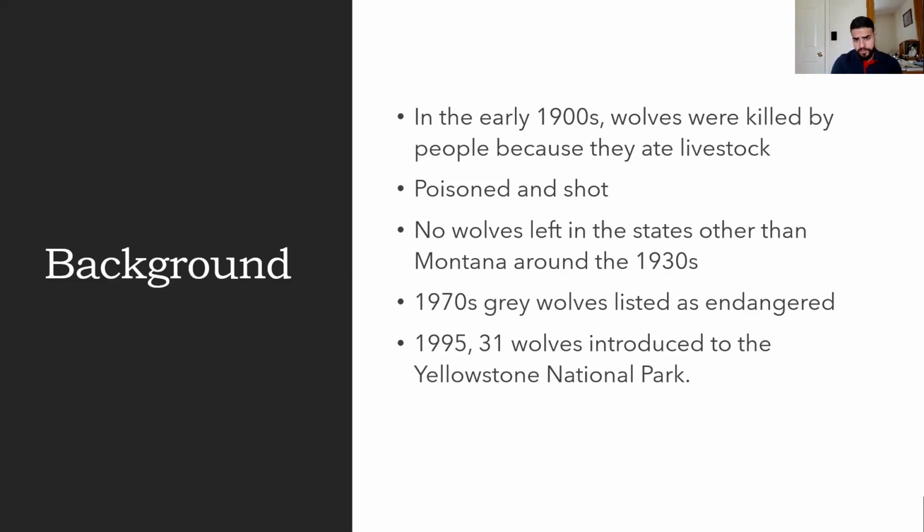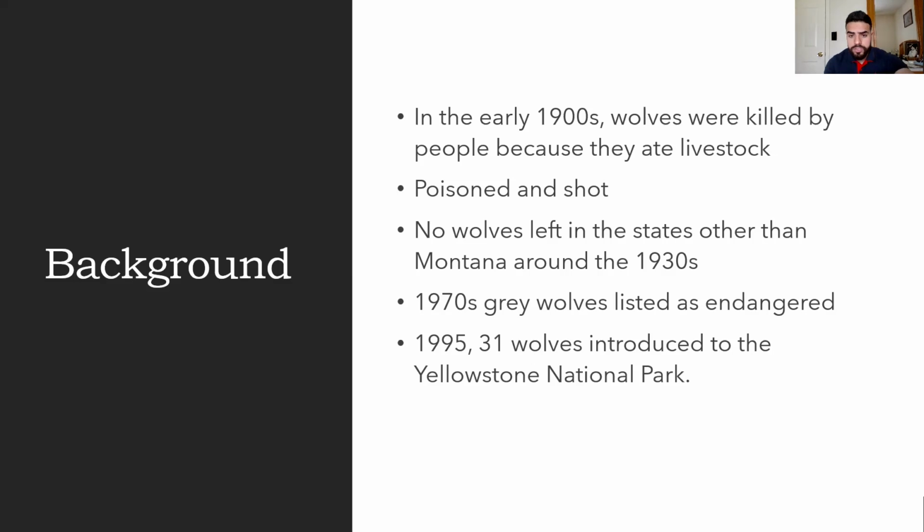In the 1930s, there were almost no wolves left in any of the states other than Montana. At the time, this wasn't really a big deal because a lot of scientists and people in general hadn't really understood the important role that wolves play in the ecosystem and their environments. It wasn't until the 1970s that they started getting a little bit more attention, but even then, their population was continuously decreasing.